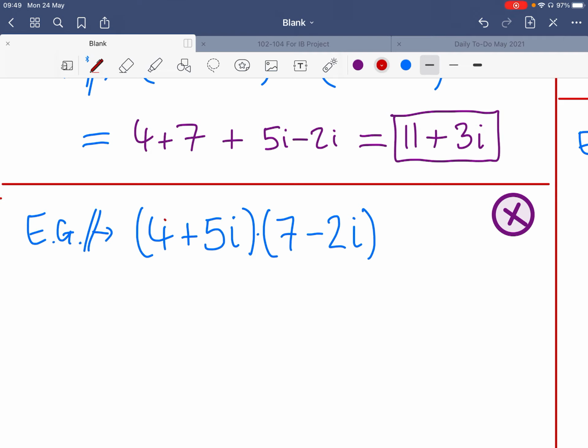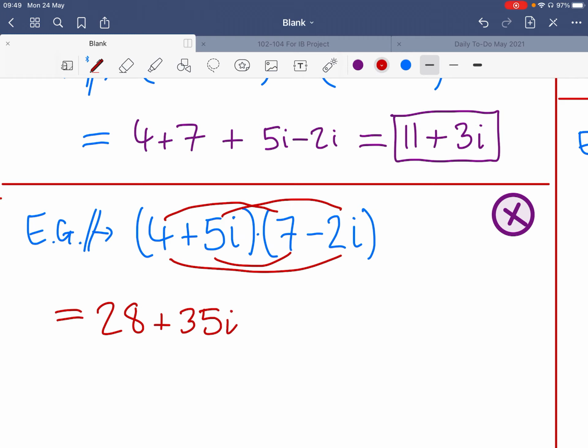We start off with, again, just regular algebraic techniques here. Regular expansion, distributive property. We have 28. We have plus 35i minus 8i. But here we get 10i squared. So, well, firstly, I can combine these middle two terms.